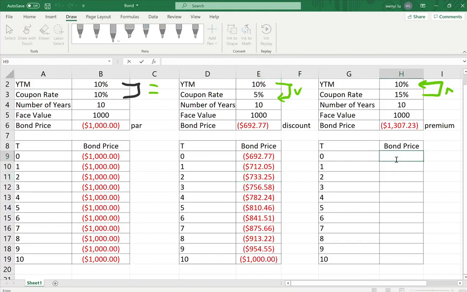Now let's solve the bond price if the coupon rate is more than the yield to maturity. The number of periods will still be the time minus t. The payment will be 1,000 times the coupon rate.